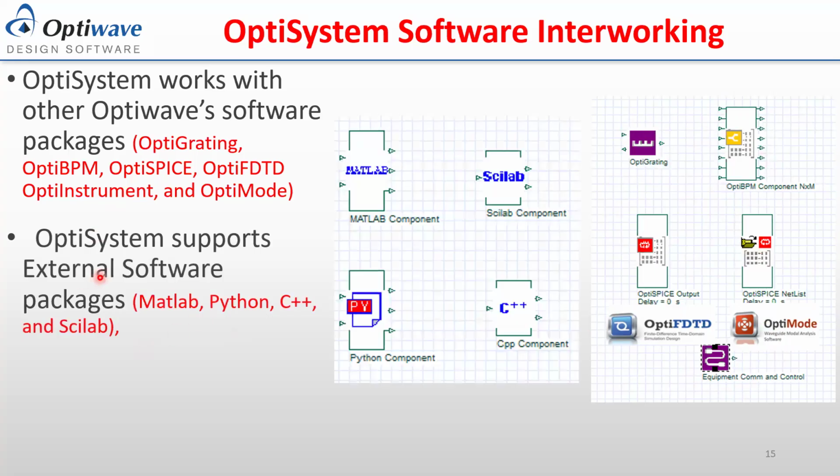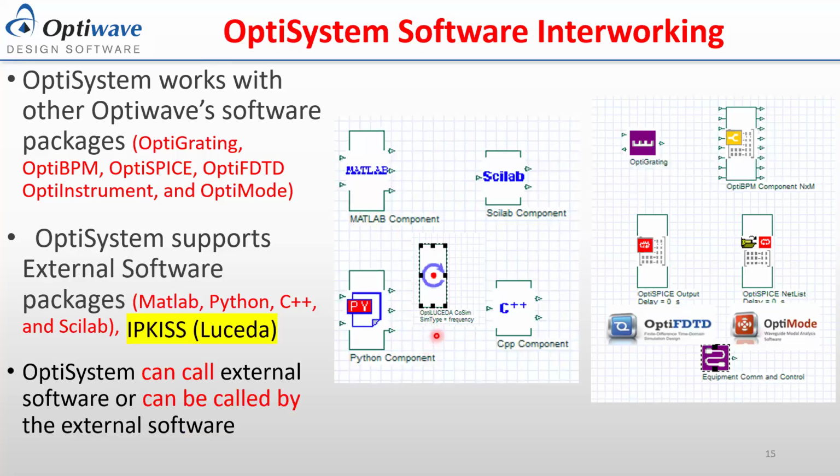Also, OptiSystem can work with external software like MATLAB, Scilab, Python, C++. And an addition we did in release 22 is the OptiLucida co-simulation component, which enables you to import designs of photonic integrated circuits from IPKISS software into OptiSystem and then do system characterization for photonic integrated circuits.